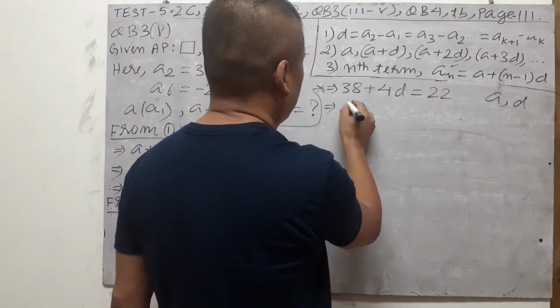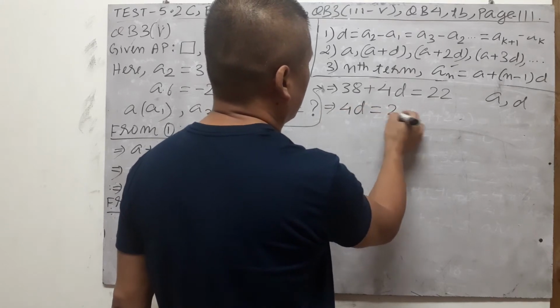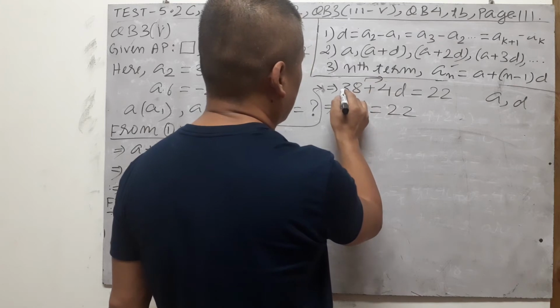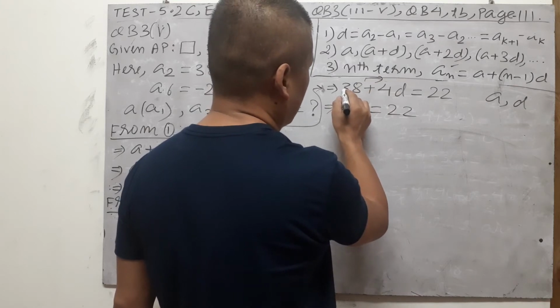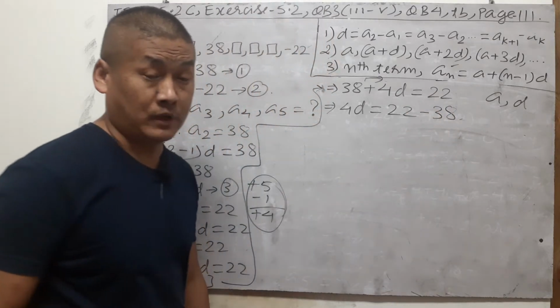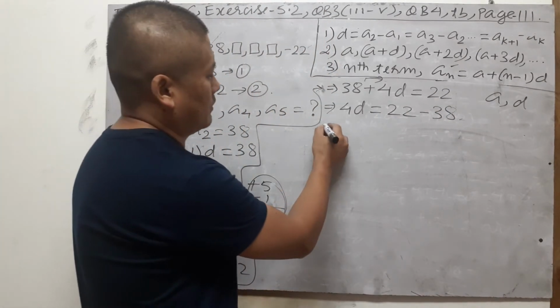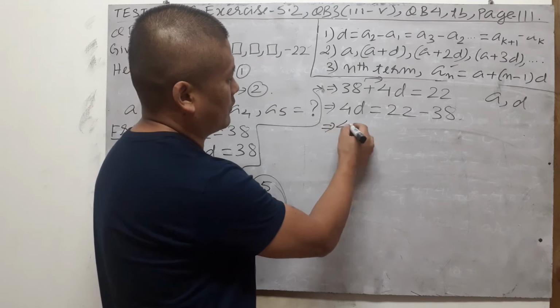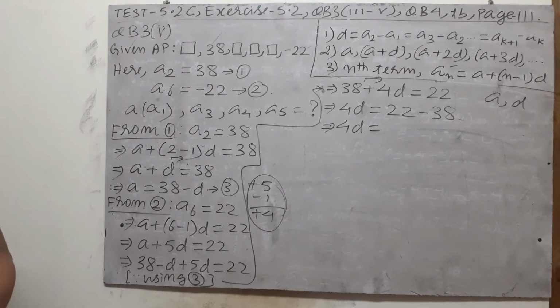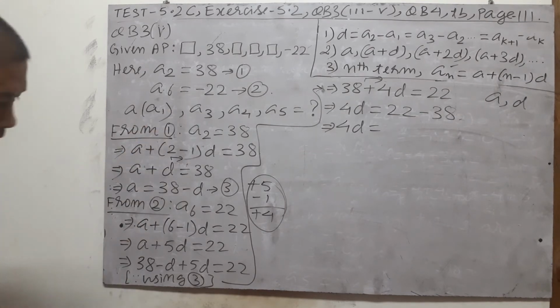So it gives you here 4d, just keep that alone, equal to 22. These two are the same. Shift this to the right side. There is no sign here in front of 38, which means plus 38, and it will become minus 38 on the right side because we have shifted the side. So that gives you 4d is equal to, I think I made a mistake here. This is minus 22, sorry.